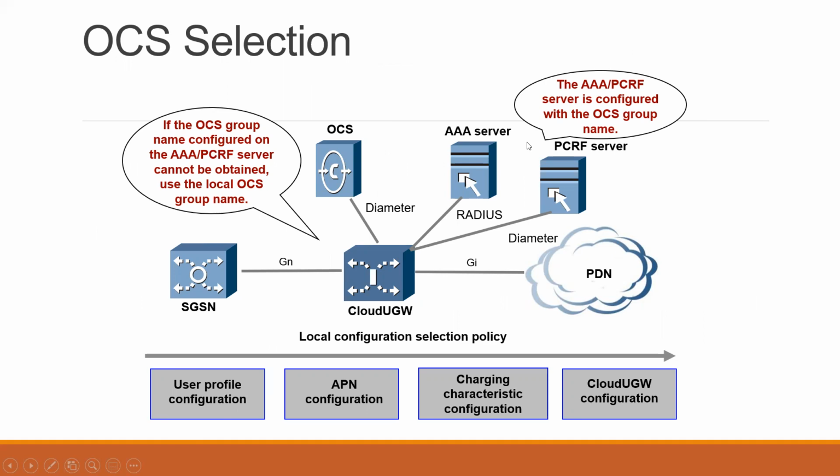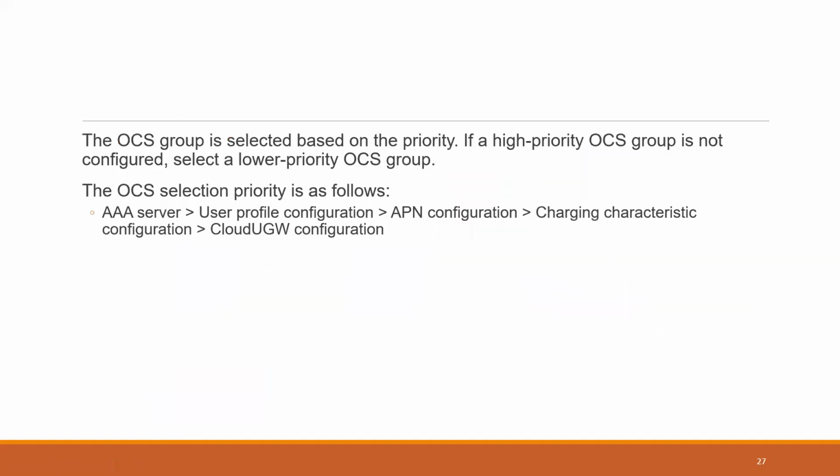Sometimes the triple A and PCRF server is configured with the OCS group. So there are multiple methods by which your OCS can be selected, based on the priority of where the OCS is configured.